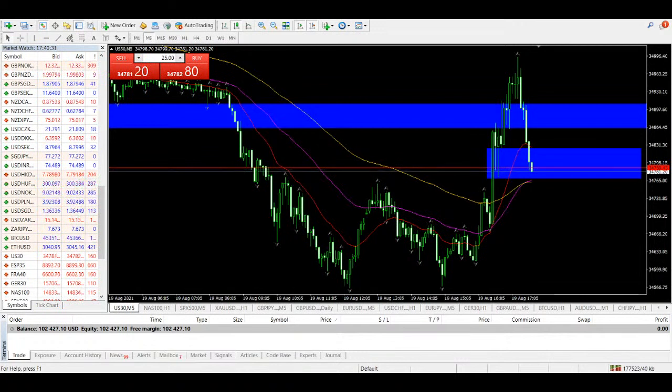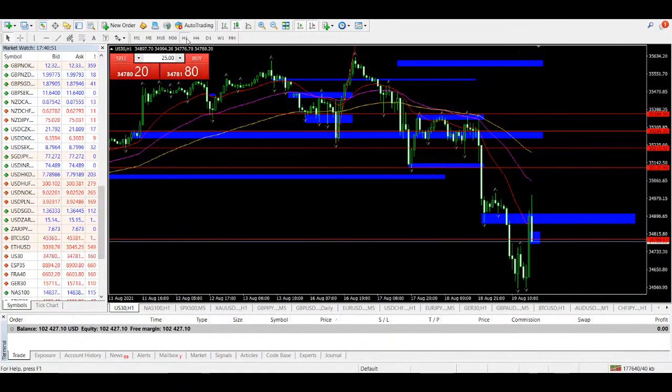Josh, it's inside the blue box. Is it your buy zone for USD? It is a point of interest. I'm a little bit concerned by the weight of the Dow at the moment, like how fast it's moving. I don't know if I would want to buy at the moment. The 1 hour bar as well is a little bit scary.